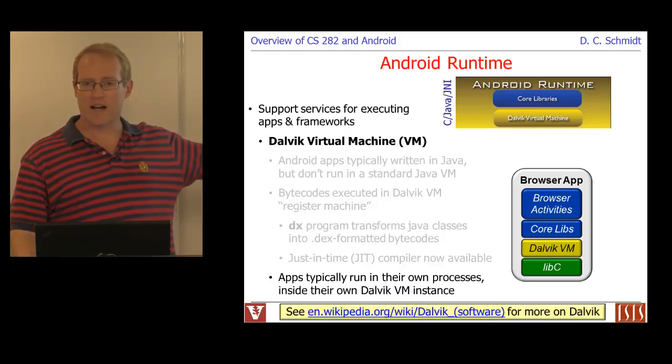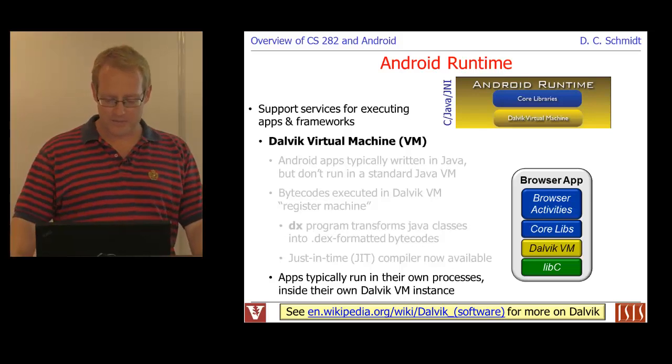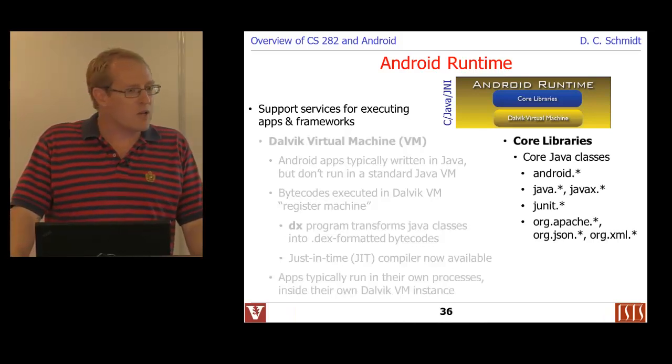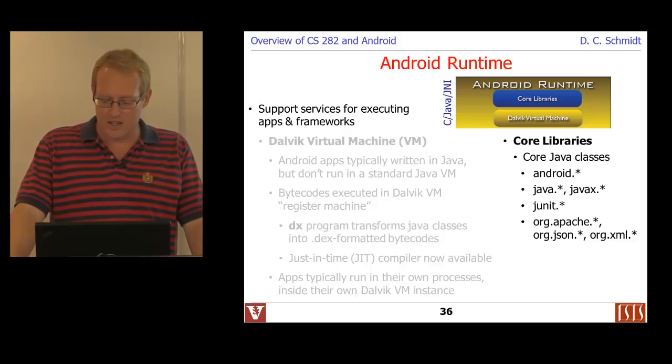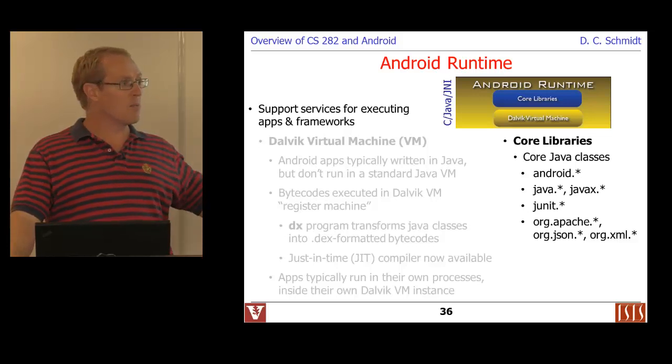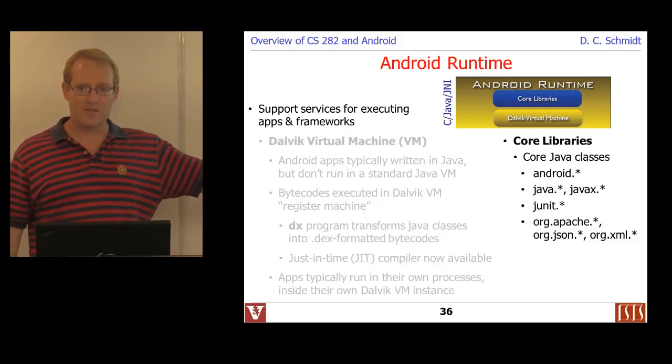Lots more stuff you can learn about here regarding Dalvik. The core libraries, you get many of the libraries that are part of the normal Java class library. So, java.lang.thread, and the sockets, java.net, this, that, and the other thing. You also get a whole pile more Android-specific stuff, and we'll talk about that.